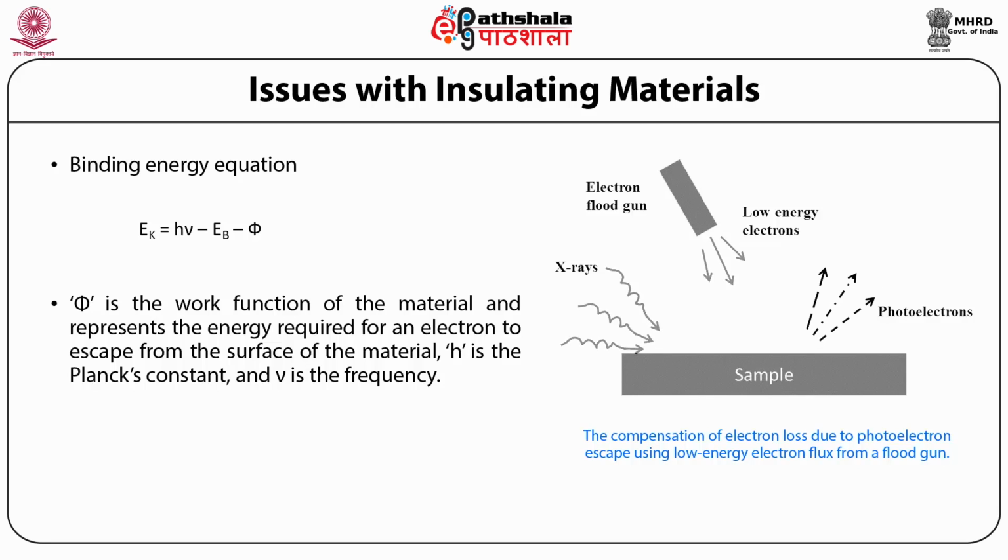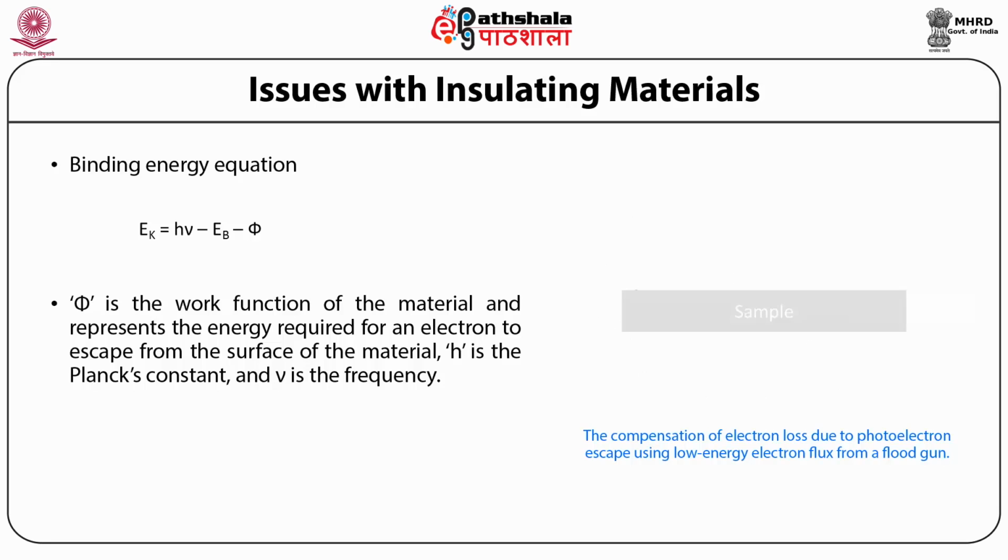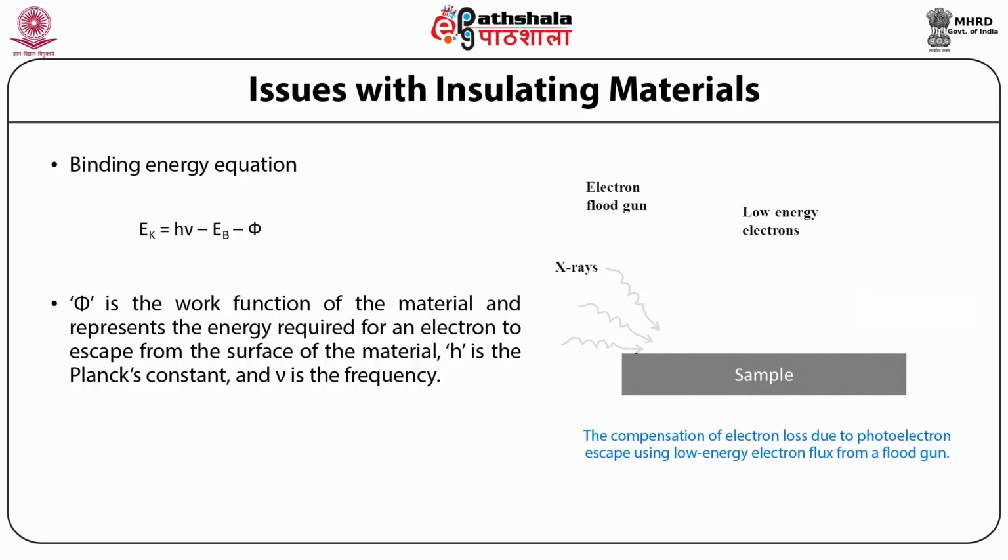In XPS, the surface of the material is provided with a flux of low energy electrons using an electron gun, as shown in Figure 3. The electron flux compensates the charge loss due to photoelectrons that are escaping from the surface. The flux helps maintain stable surface potential.